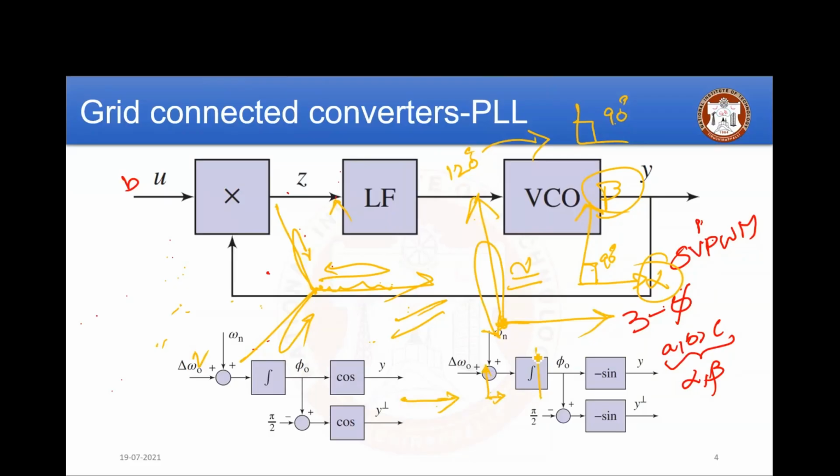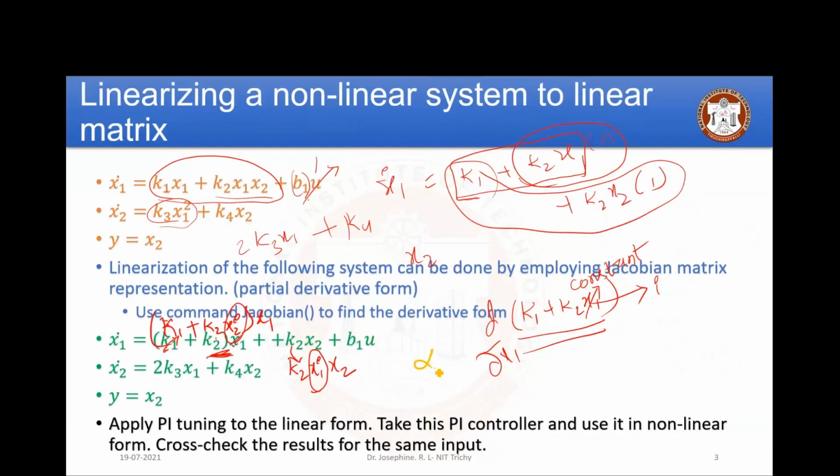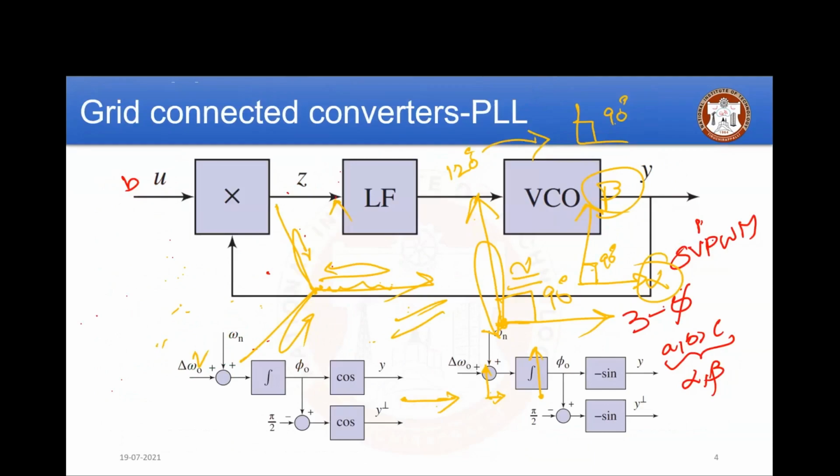At one point, beta will be maximum and alpha will be 0. If you observe, the angle between them is not going to change. It is 90 degrees only. But with respect to time, the amplitudes are changing. Alpha amplitude is changing and beta amplitude is changing.